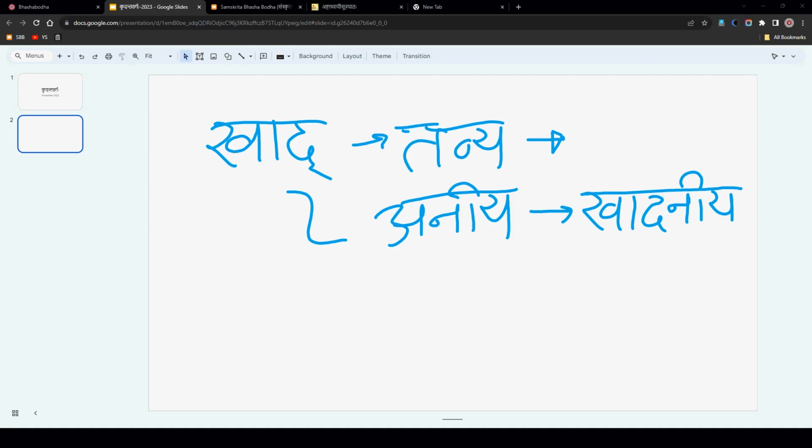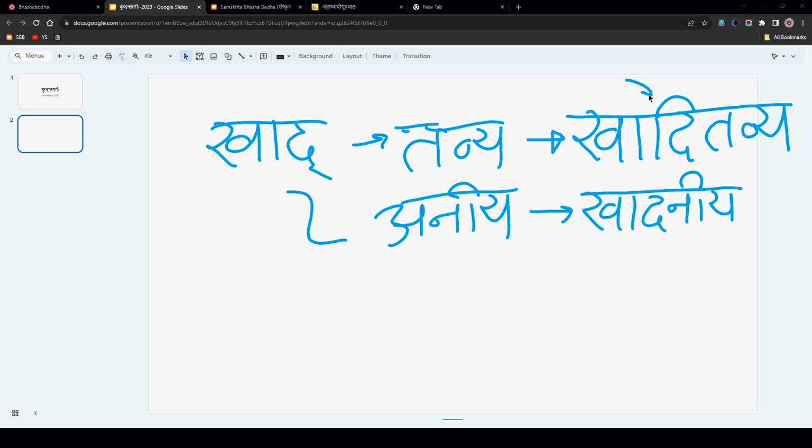And when we add khad plus tavya, this changes to khaditavya, not khadatavya. Now this is a slight change here. In place of kartavya, we have kru plus tavya changing to kartavya.